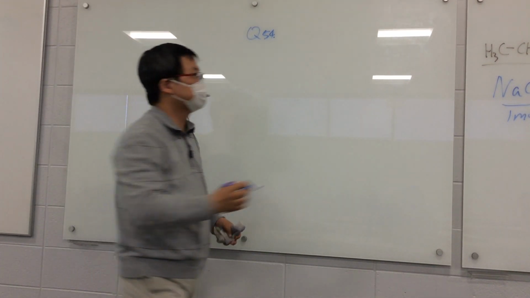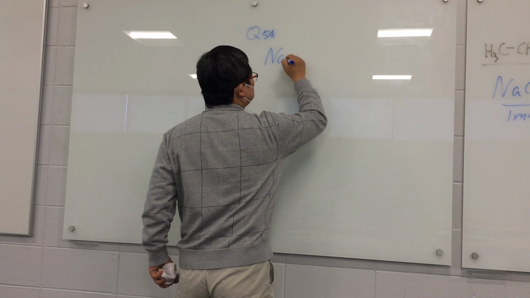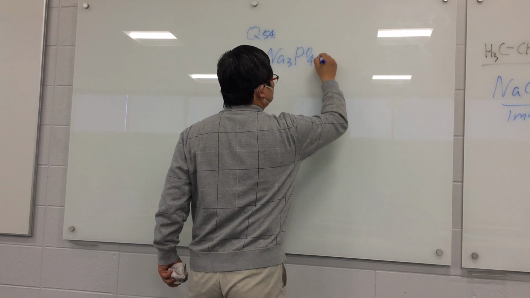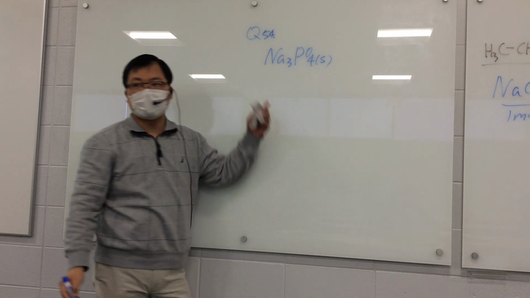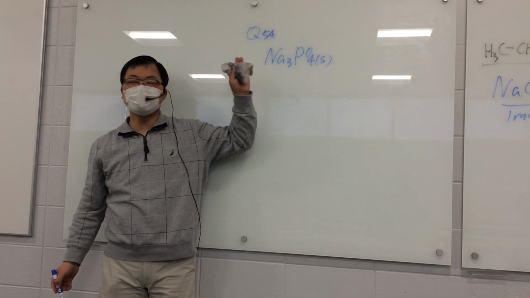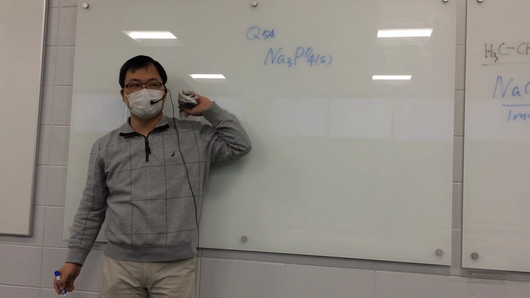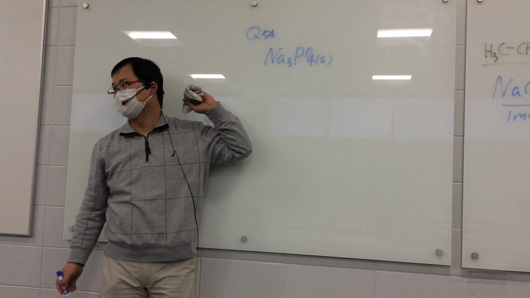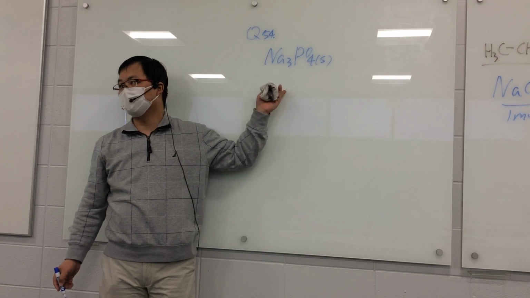So for sodium phosphate, right? This is an ionic compound, right? Any compound with sodium ion in it is an ionic compound.